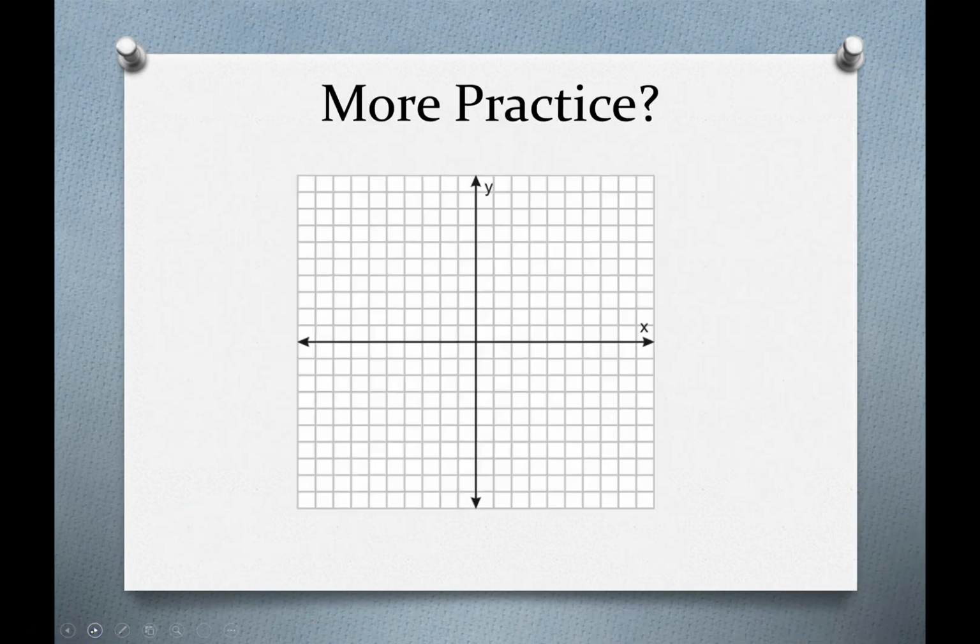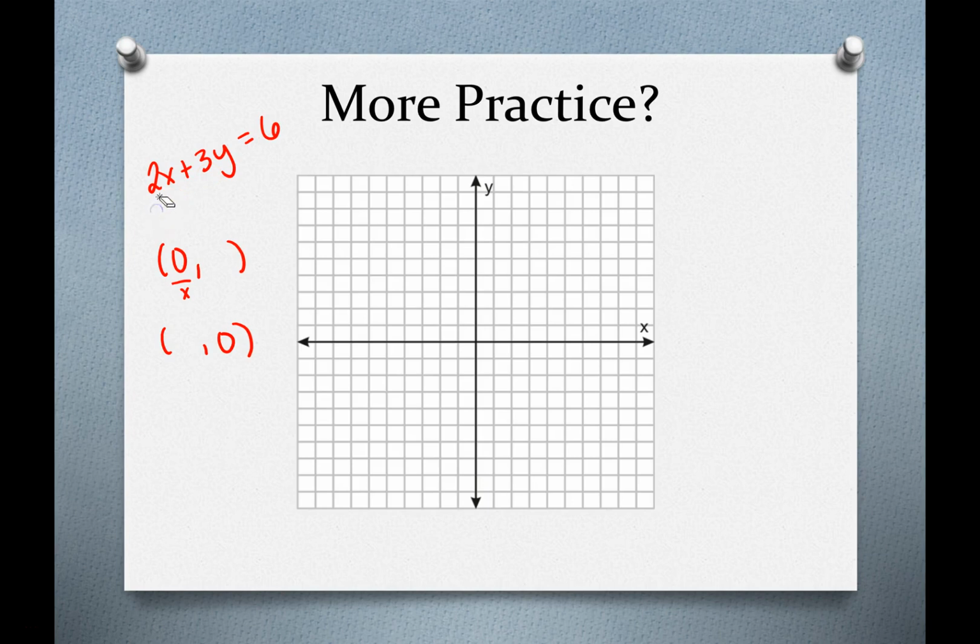I'd say stop your video and try this problem on your own. Okay, you're back, so what I would do is put a 0 here, and then put a 0 here. I'm letting my x be 0, so x being 0 makes this disappear.